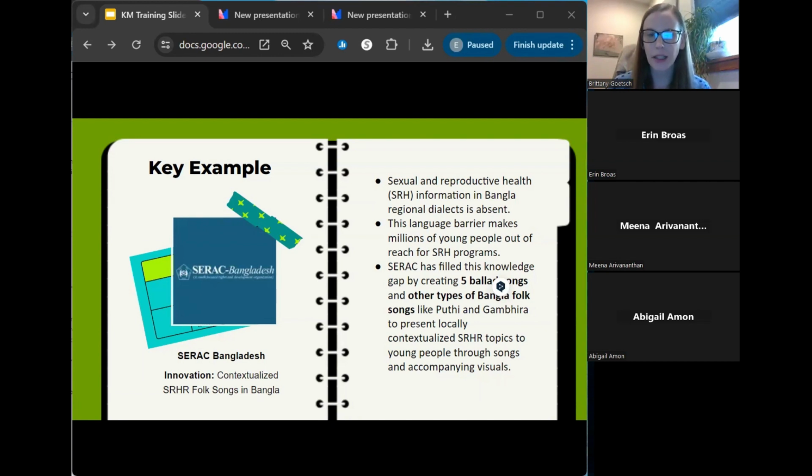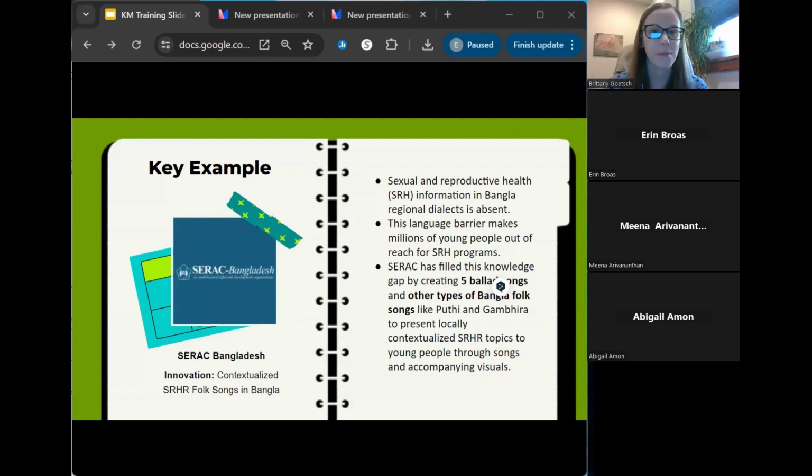So AYSRHR Bangladesh has really filled this knowledge gap by creating these songs and other types of folk songs. AYSRHR Bangladesh is a youth-led development organization that promotes the socioeconomic status and living standards of vulnerable communities through capacity building, awareness raising, strategic communication, and innovative programming.